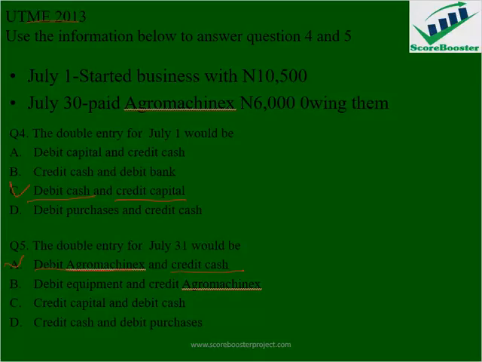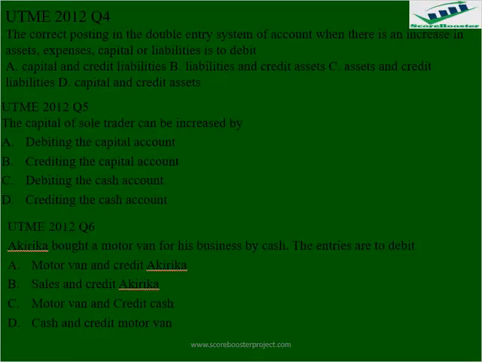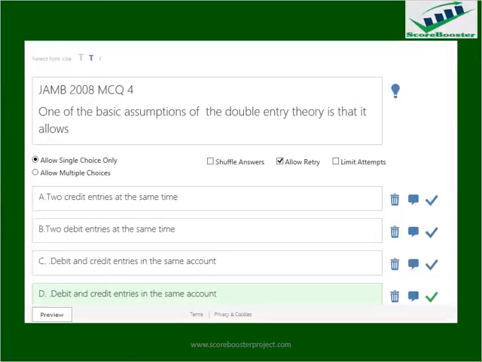So you can take the other one in 2014, also in UTME 2014. The examiner also asked a question which I would like you to take note of. As I said, I have other examples that you can equally follow, based on one of the assumptions of double entry theory.